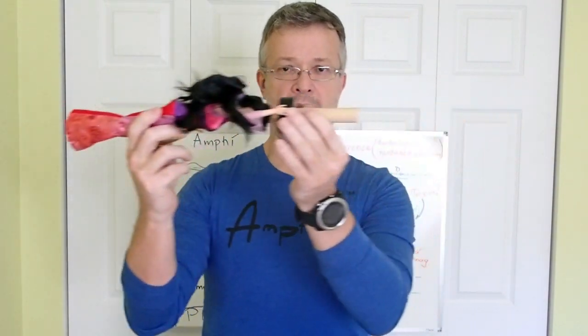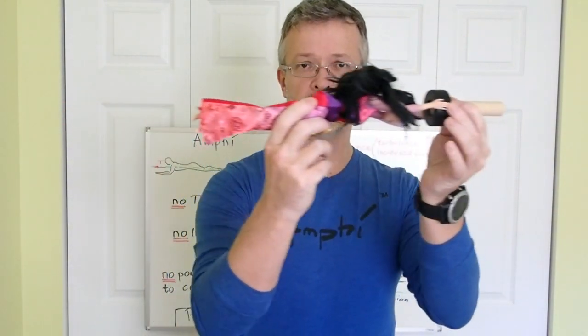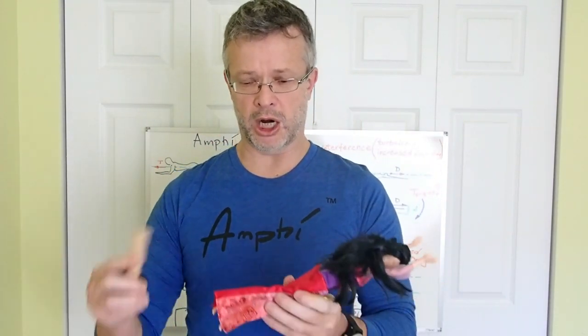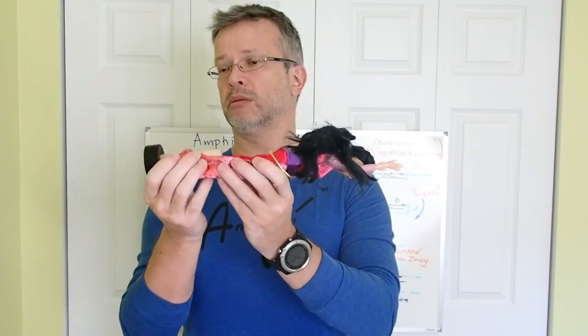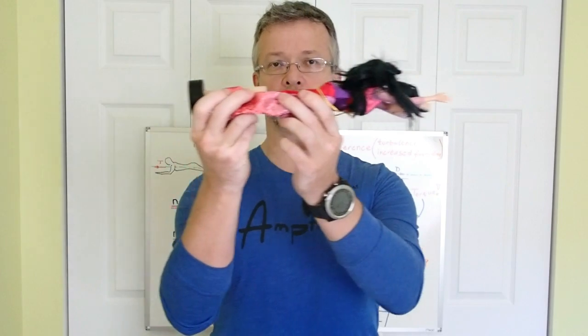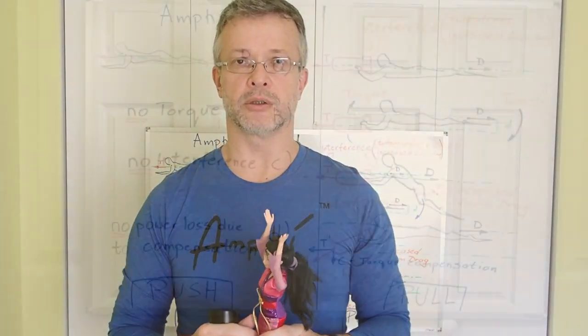So the scooter pulls the swimmer. Or the second configuration, where our propulsion system is in the back and is pushing the swimmer forward. So let's talk about pros and cons for those two configurations.